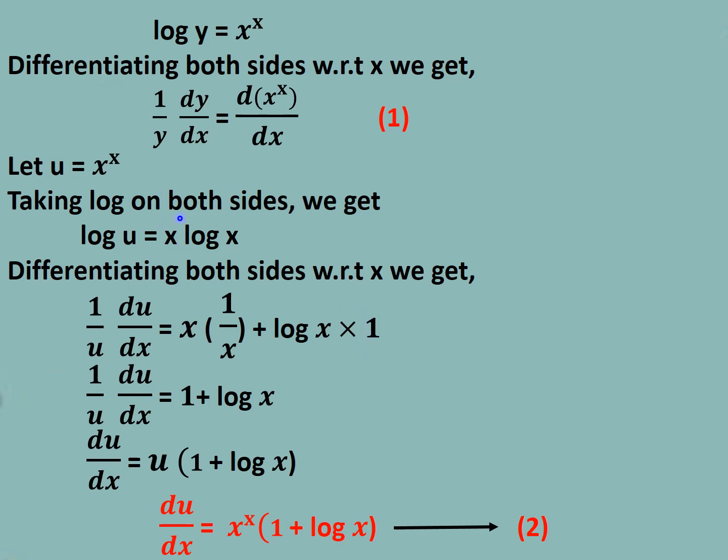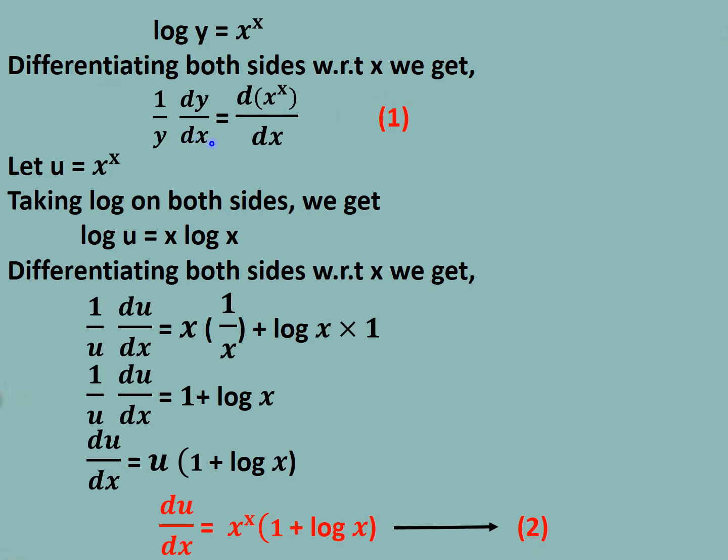So 1 upon u into du by dx is equal to 1 plus log x. Now du by dx is equal to u into 1 plus log x. Now u is x raised to x. So du by dx is x raised to x into 1 plus log x. We will consider this as equation number 2.